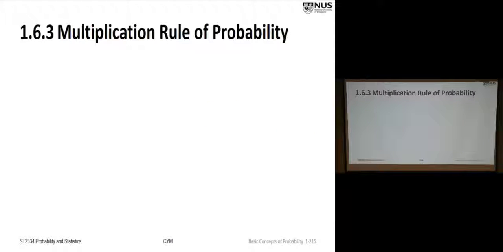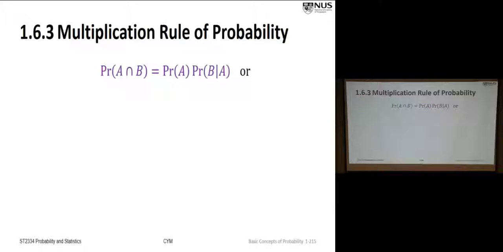All right? Okay, so now we follow the definition of conditional probability and get what is called the multiplication rule of probability. It basically just rearranges the definition of conditional probability: the probability of A intersect B, divided by the probability of A, equals this conditional probability.